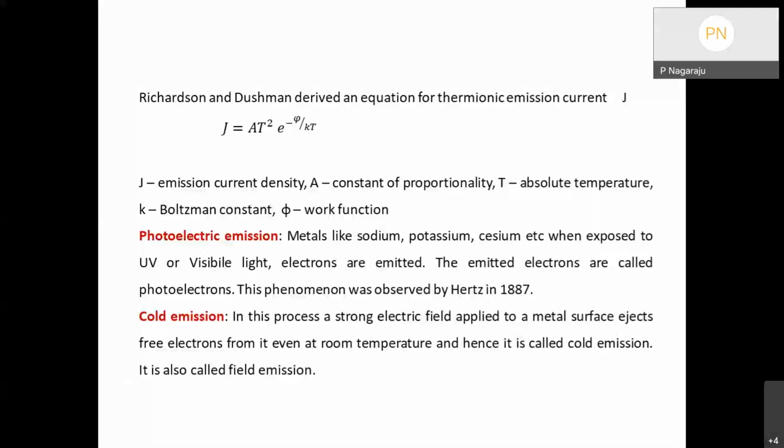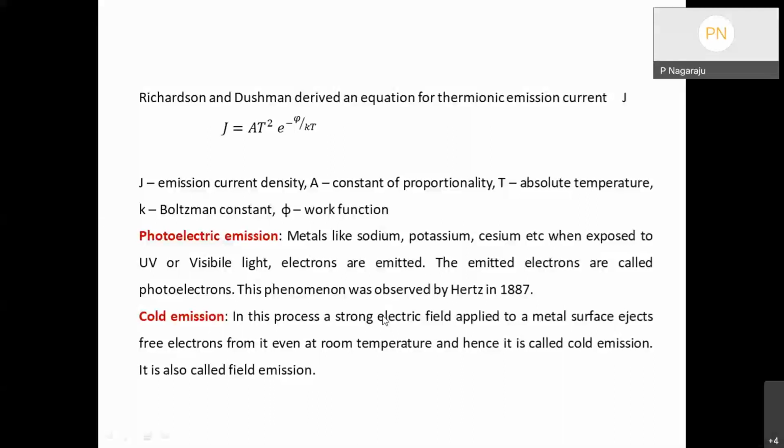But in general, the electrons are emitted when the substances are subjected to high energy radiation such as gamma rays or X-rays. In fact, the electrons which are emitted are called photoions or photoelectrons. This phenomenon was observed in the year 1887 by Heinrich Hertz. Then another emission process is cold emission.